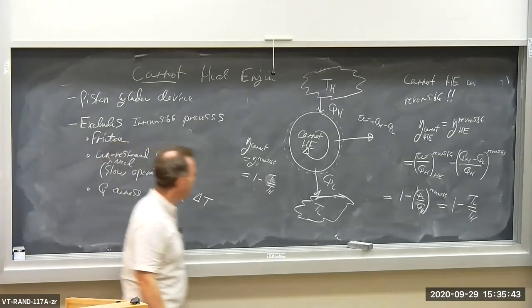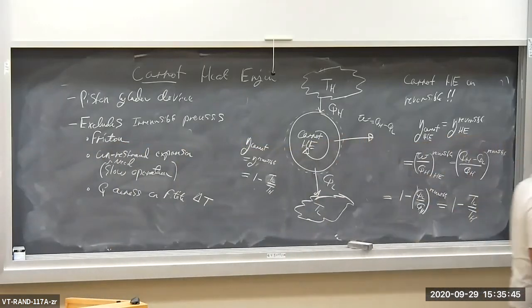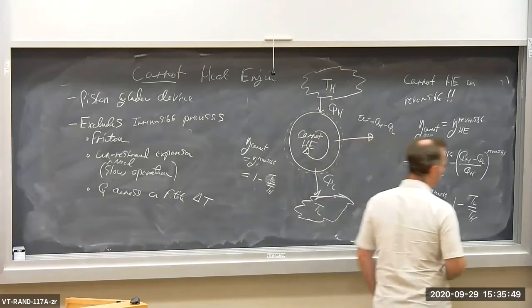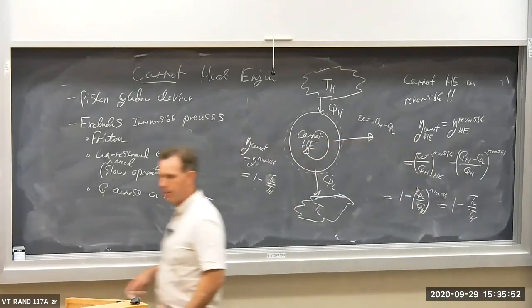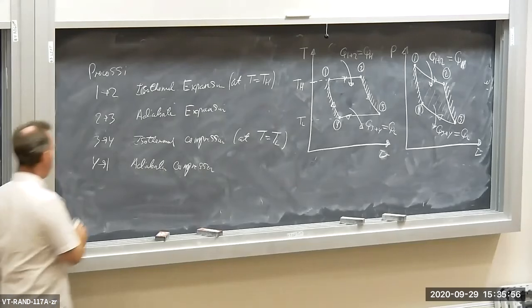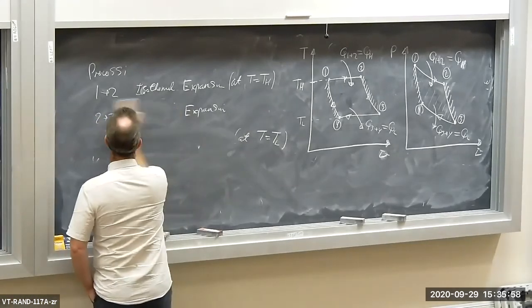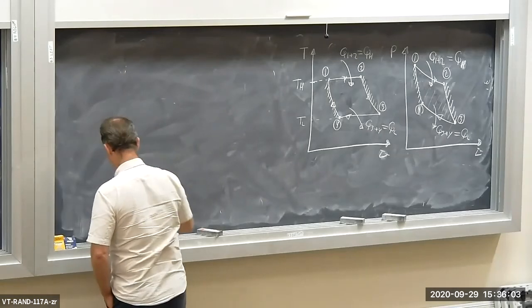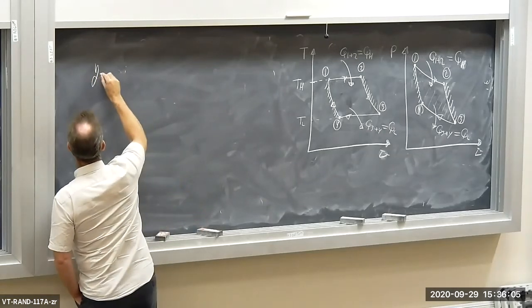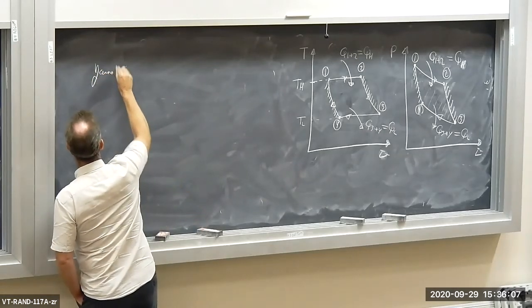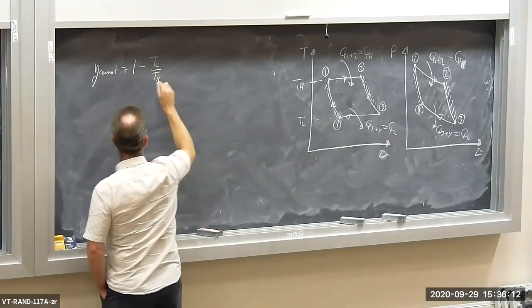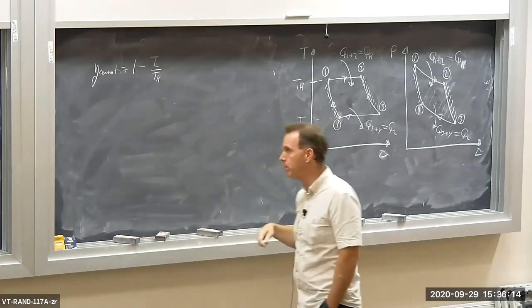So what does this say about the efficiency of the Carnot heat engine? So efficiency is 1 minus TL over TH. So eta Carnot is equal to 1 minus TL over TH. Same thing for a reversible heat engine.